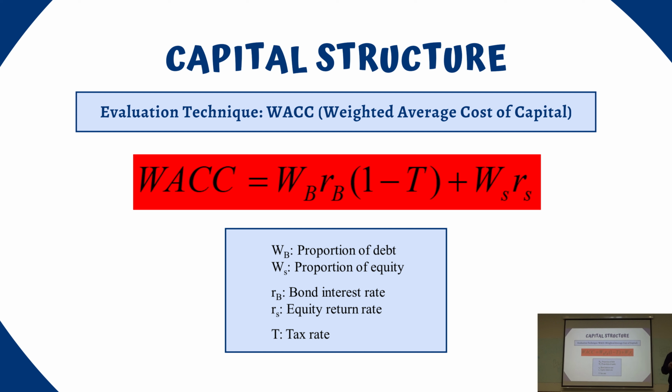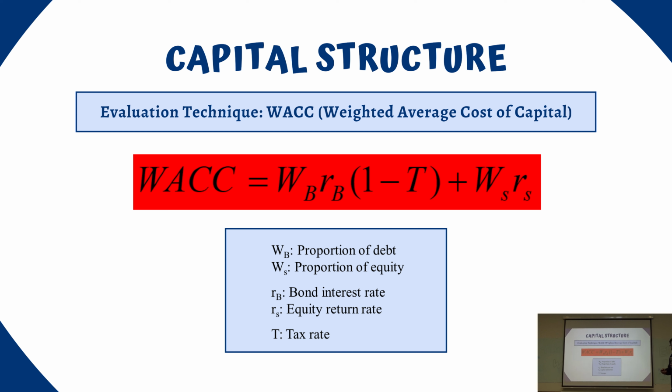You probably will ask me, Professor, why does the equity holder have a higher required rate of return compared with the bondholder? Because the bondholder has priority to get their money back when the company goes bankrupt. The equity holder has the residual claim.